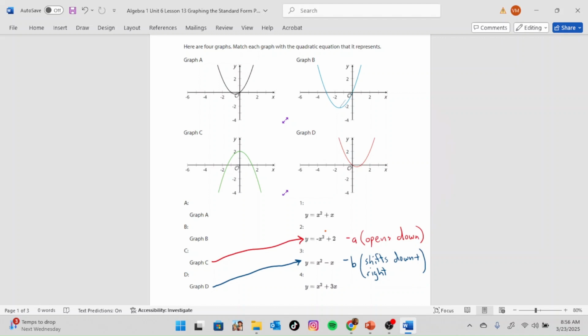So that tells me that plus B shifts down and left, and graph A has an x-intercept at negative 1. So graph A matches equation number 1.